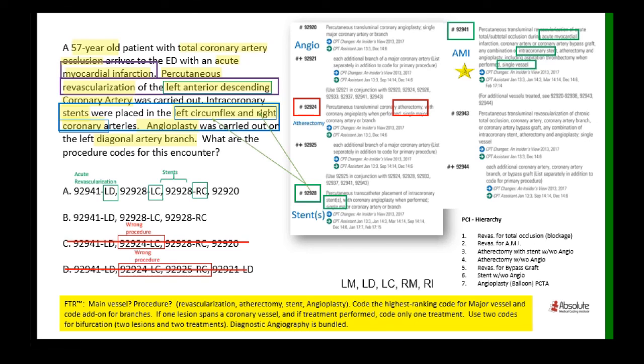All right, so what else could have taken place? Well, an angioplasty was carried out on the left diagonal artery branch. And if we look up 92920, this is percutaneous transluminal coronary angioplasty, single major coronary artery or branch.